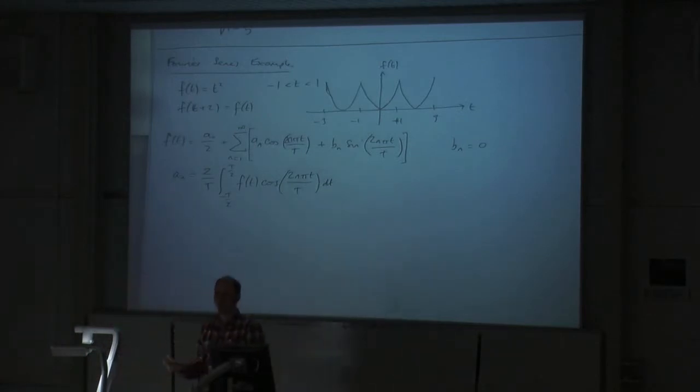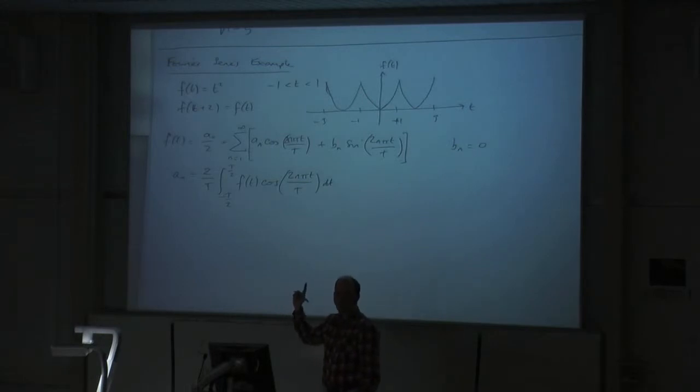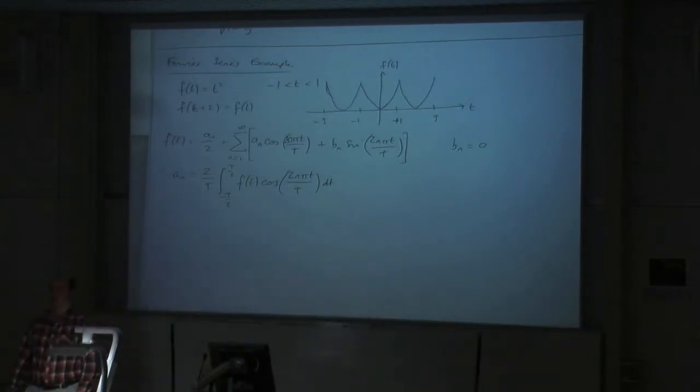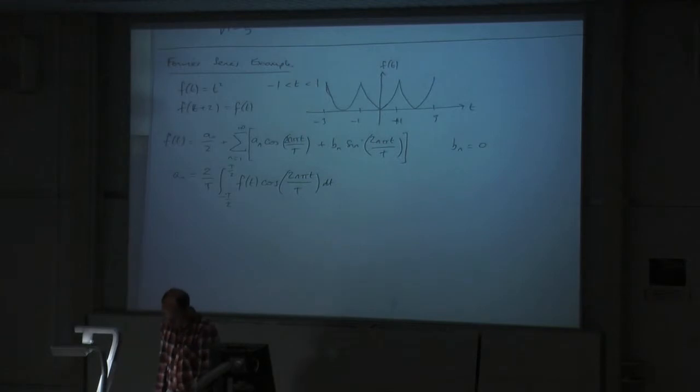Is there a constant term with that function? What's the average value of that function? Is it 0? No, so there must be a constant term. So what we'll do is find the constant term first, then we don't need to worry about it later on.